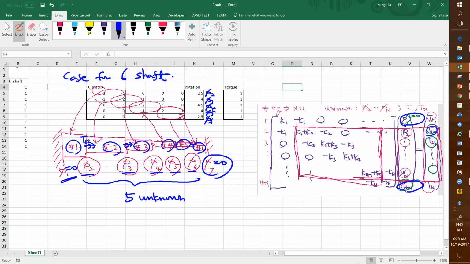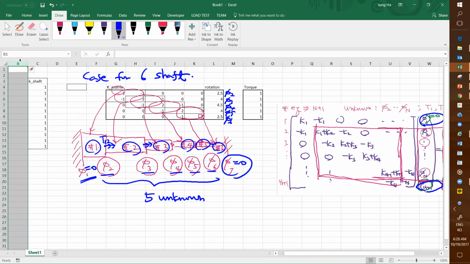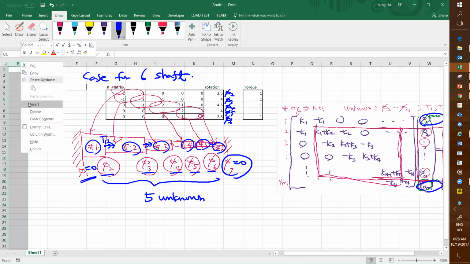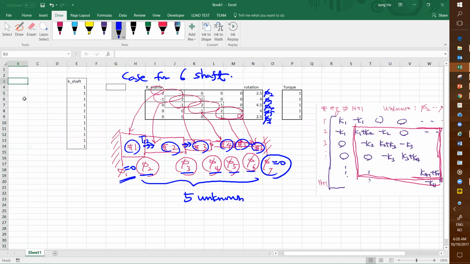And of course, to calculate this K shaft, to be consistent, you can say G, J, and length.